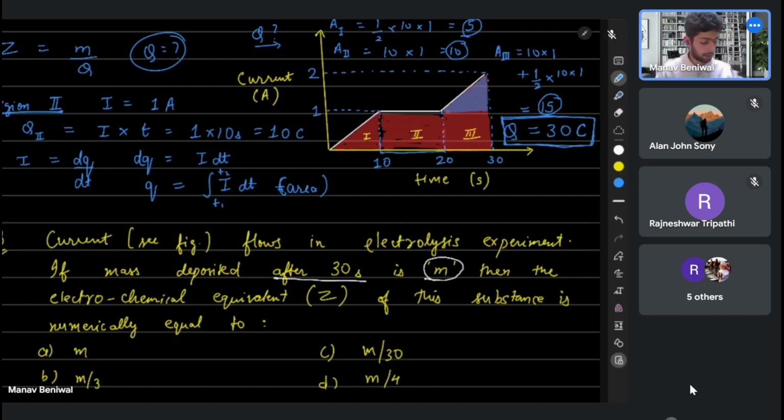Correct? So now, coming back here, we know our Q is now 30. So we can write Z as M over 30. And our answer is C.